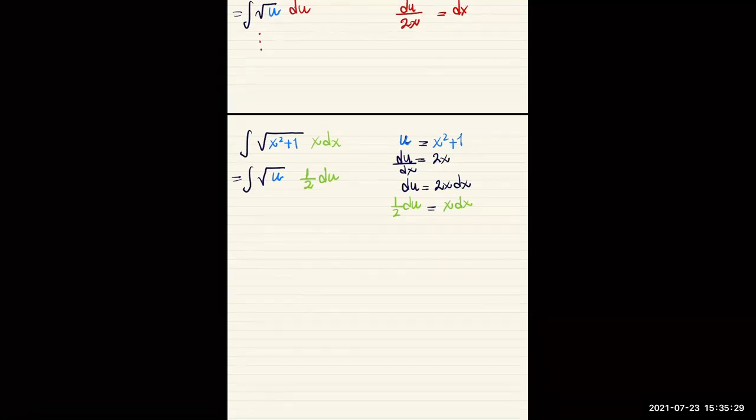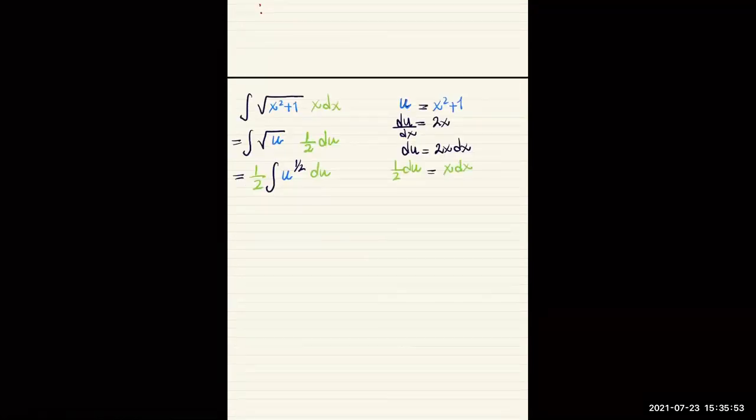So why is this okay? Because 1/2 is just a constant. I can take the 1/2 out of the integral and do the integral. With the 1/2 out, you have the antiderivative of u to the power of 1/2 du. So keep the 1/2, it's a constant, and do the antiderivative of u to the 1/2. Add 1 to the power, you get 3/2.